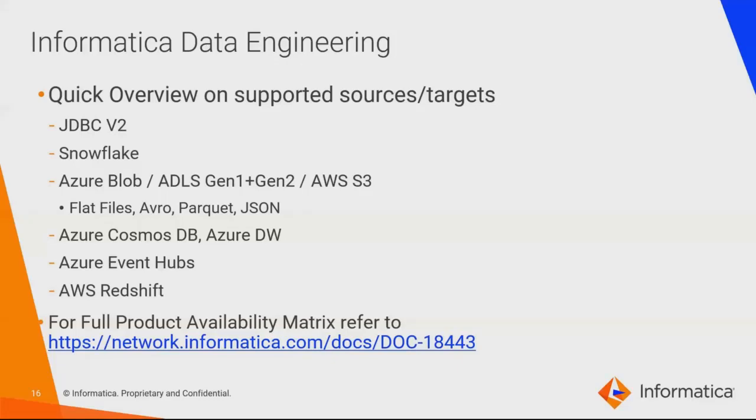Those are all the sources and targets you will be able to use in your data engineering mappings that you want to run on a Databricks environment. For a full overview of the PAM, just follow this link, where you get all the details on what is supported for the 10.4 release.